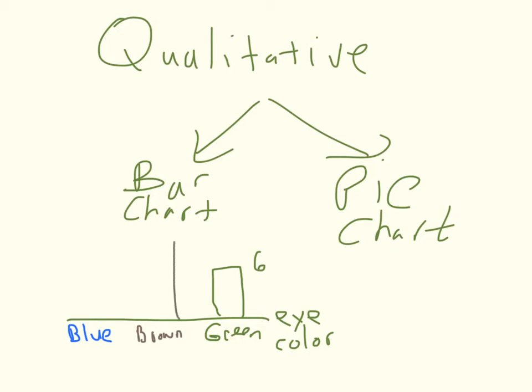Then you have brown eyes. Then we're going to have blue eyes. Depending on what region of the country you're in, this could look like this based on genetic makeup of certain populations. But this is a bar graph or a bar chart. Notice in between these bars, we don't have them touching each other.